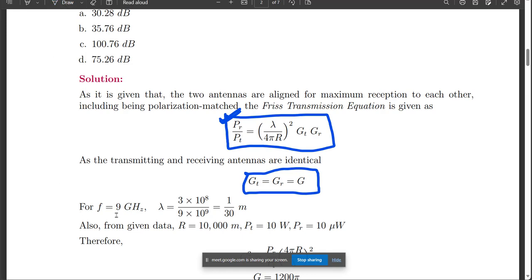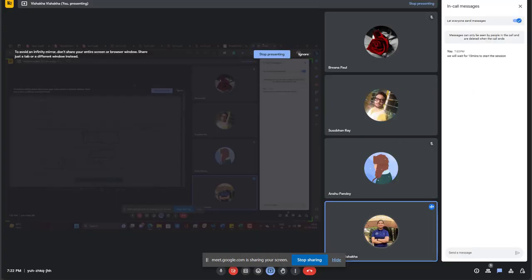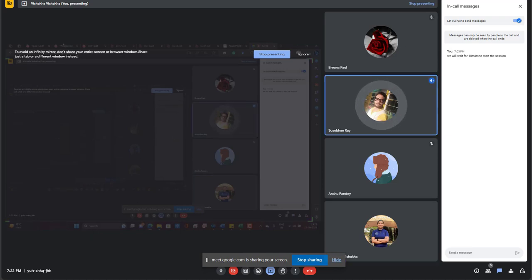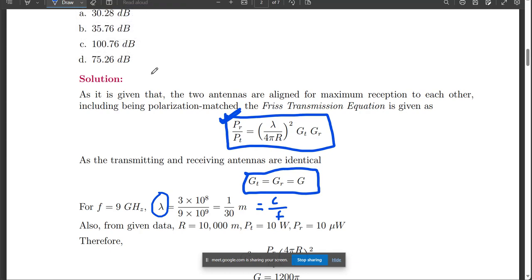Now since frequency is given as f equals 9 gigahertz, can we find out the wavelength lambda? Yes, we can.